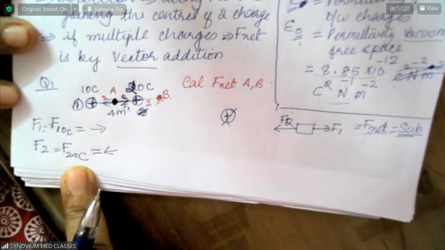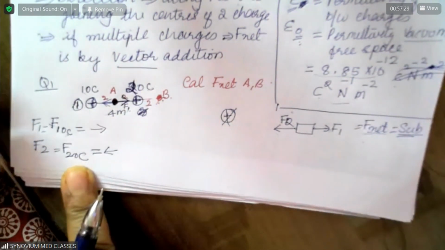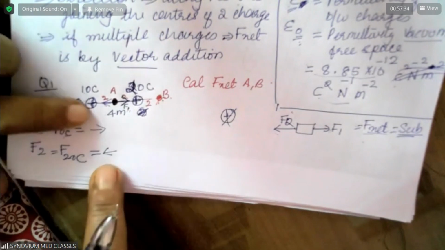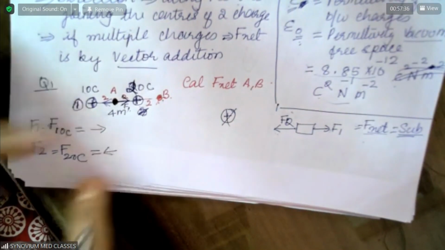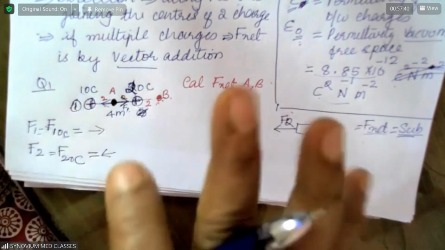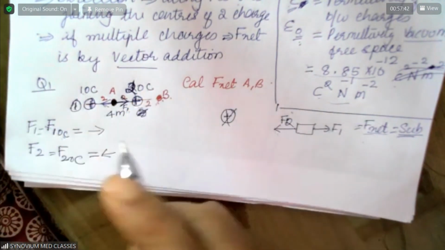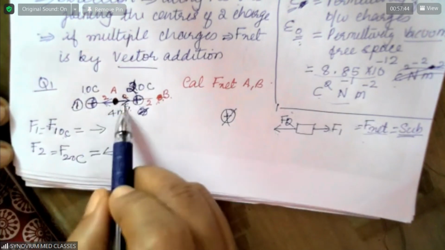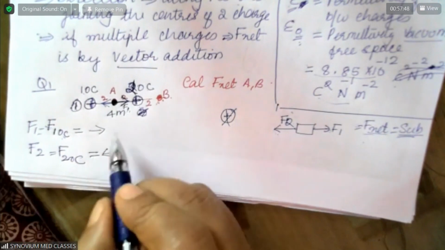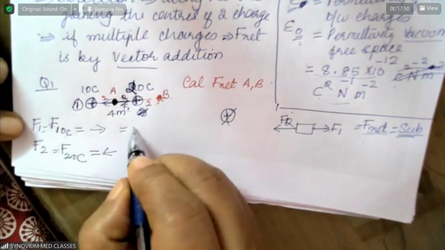To find the sum of the forces, since the directions are opposite, you have to subtract. The positive or negative is indicated by the direction, so there is no need to put an additional sign.